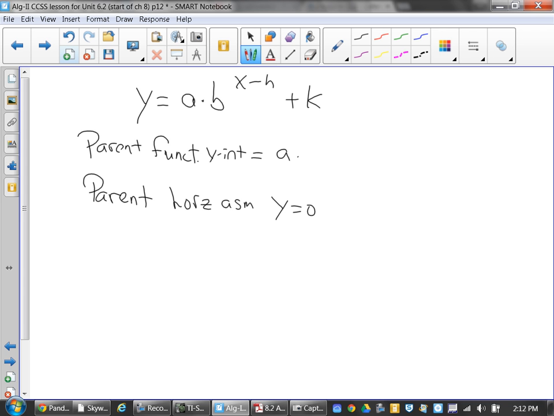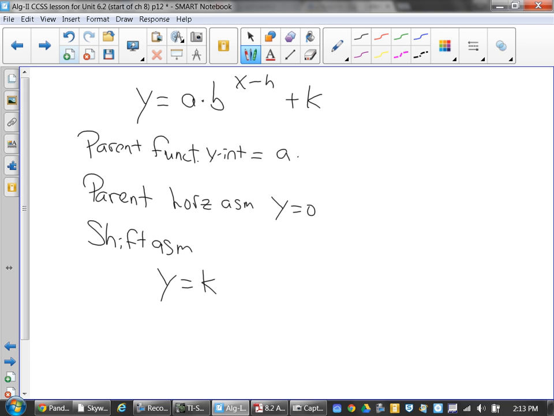Now, as you went through these ones last night, you might have recognized that your shifted asymptote, where was it? It's at k. Your shifted asymptote is always at y equals k. Your domain for every one of these problems was always what?